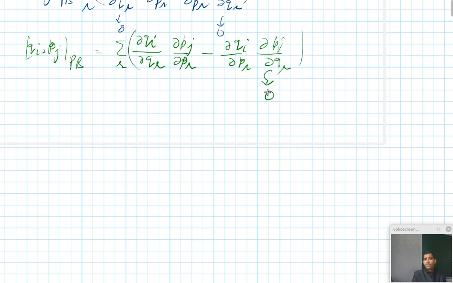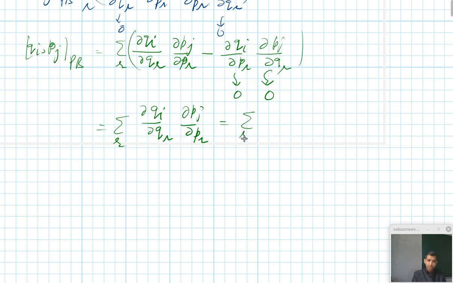Now this is equal to 0, and this is also equal to 0, because it is q_i and p_r, and it is p_j and q_r, so that's why the differential will be equal to 0. So that means this is simply equal to the summation over r of ∂q_i/∂q_r ∂p_j/∂p_r, so that means this can be written in the form of a delta function.